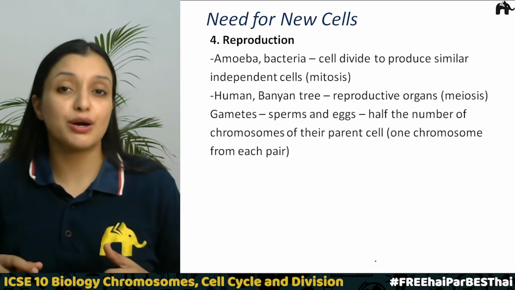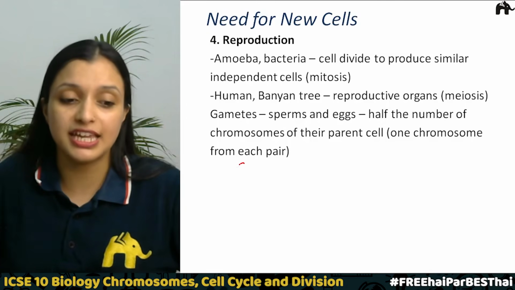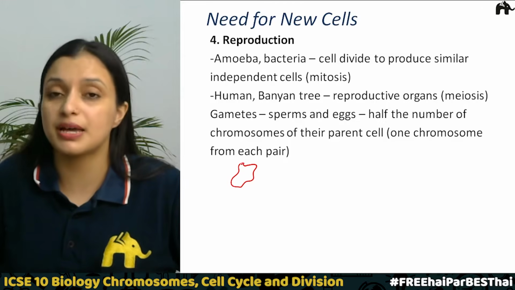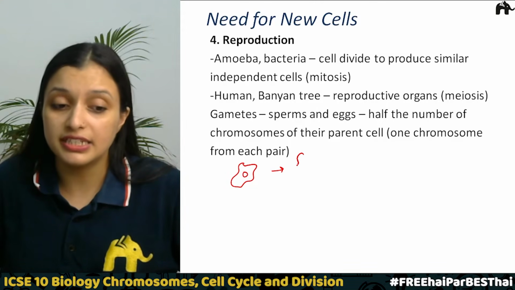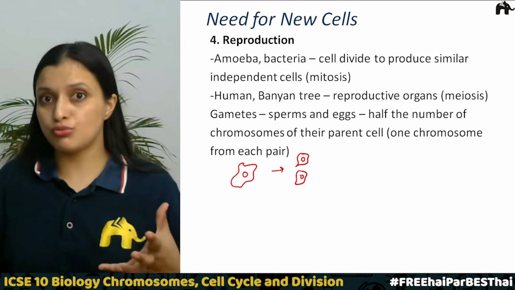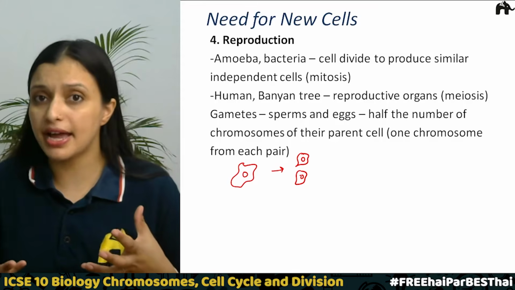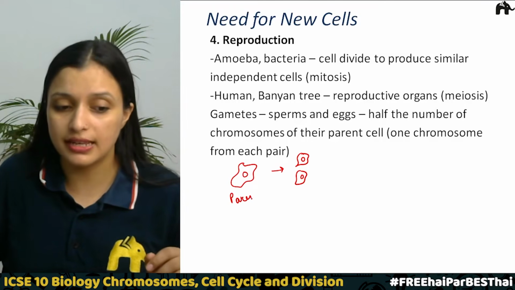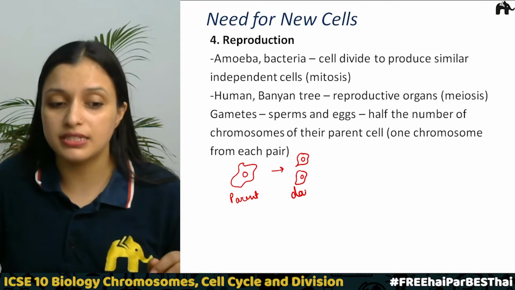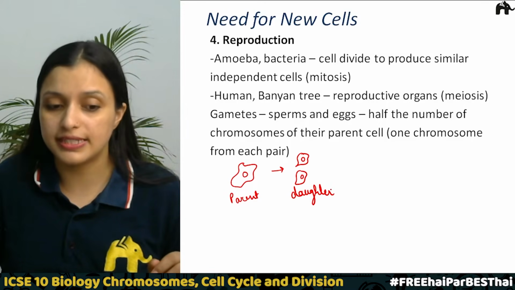Let us talk about amoeba first. So what happens in the case of amoeba? This is an amoeba. It will divide and form two more cells of its own kind. This is the parent cell, and these are the daughter cells.